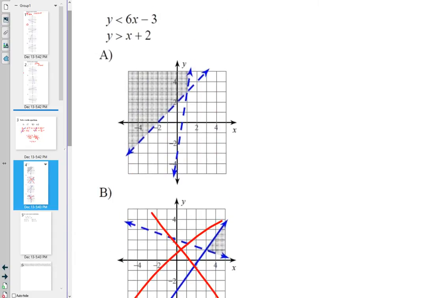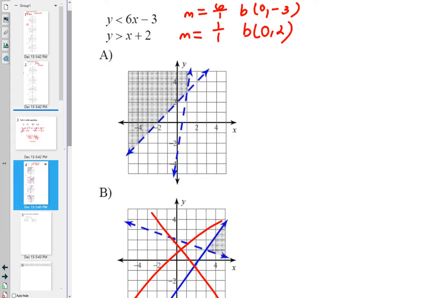Then when it comes time to plot these, both of these inequalities are in slope-intercept form. So the slope of the first one is 6/1, and the y-intercept is (0, -3). The slope of the other one is 1/1, and the y-intercept is (0, 2).